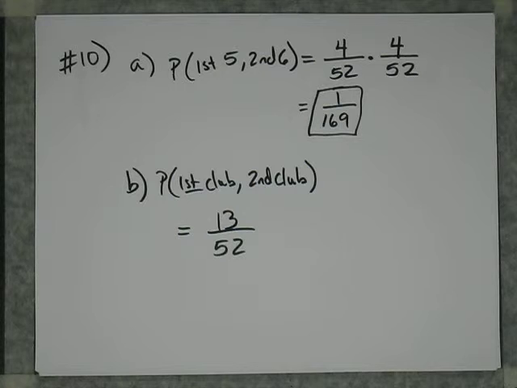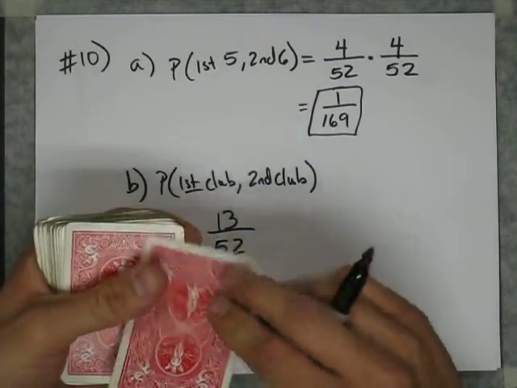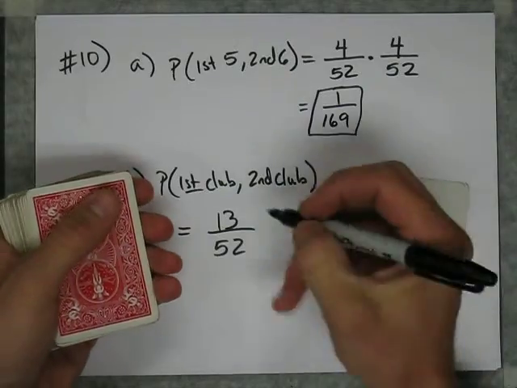Now, let me show you how. I don't know how well shuffled these cards are, but here we are. Probability that it's a club. Okay, failed.